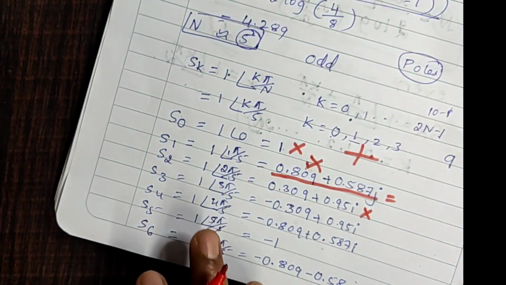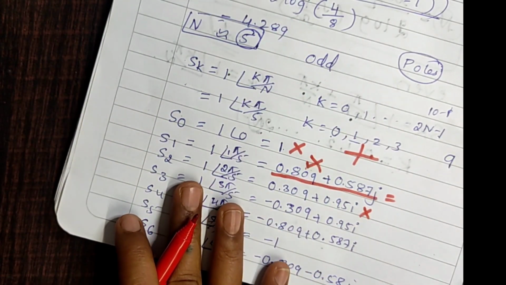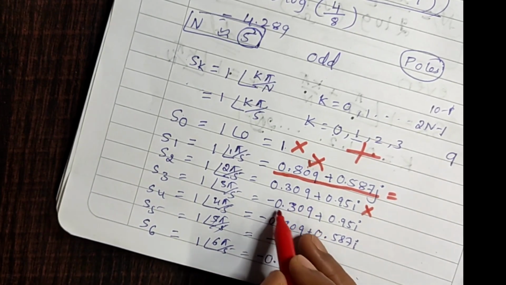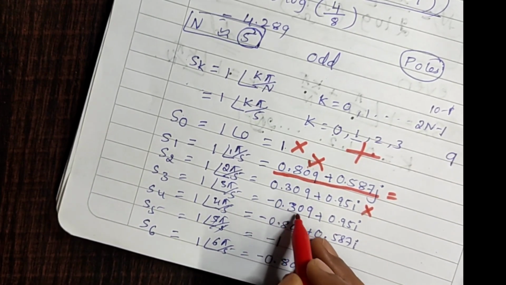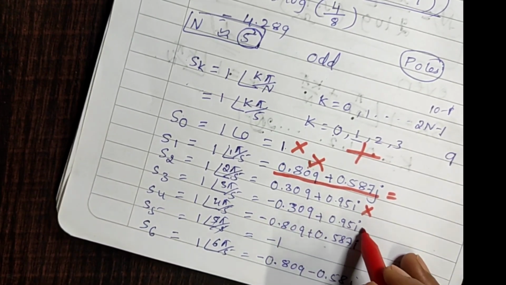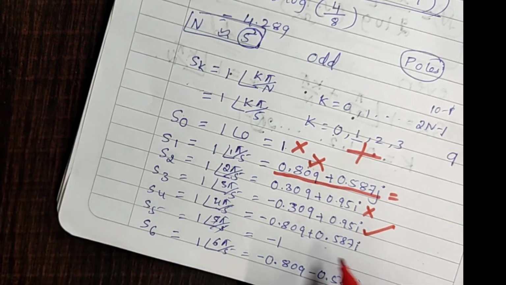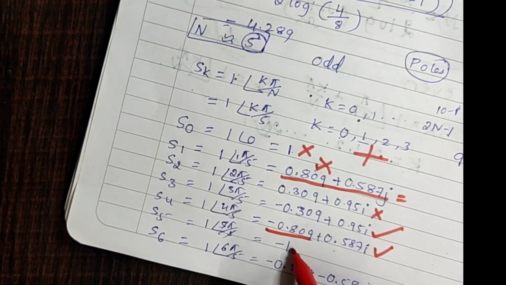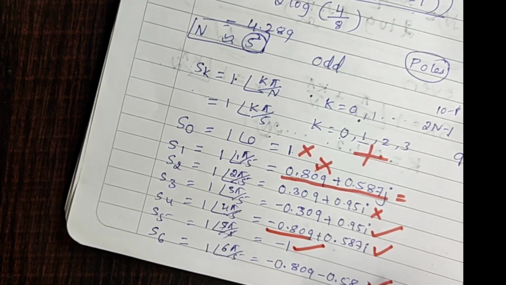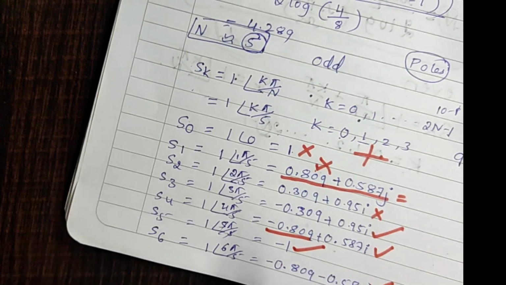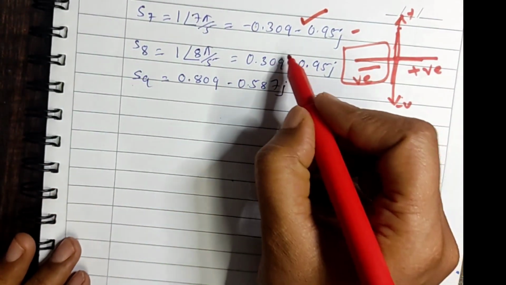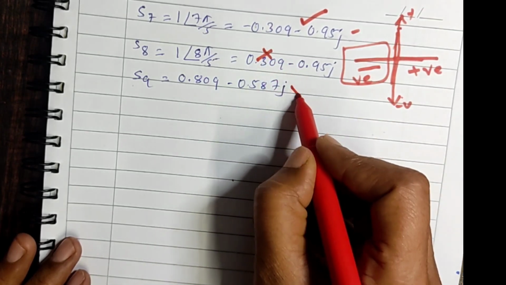Among these poles, which poles are negative, or lie on the left side of the S-plane, that we need to consider. So this is minus 0.309, this lies on the left side of the S-plane, and even minus 0.809, this one and this one also lie on the left side. And 7 also lies, 8, no, it is positive, this is also positive.